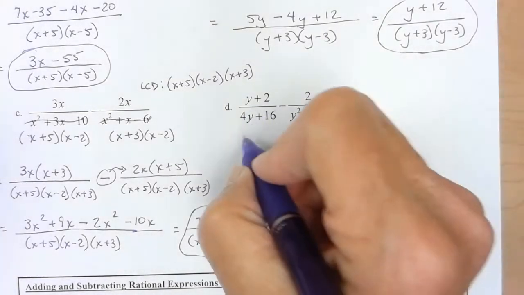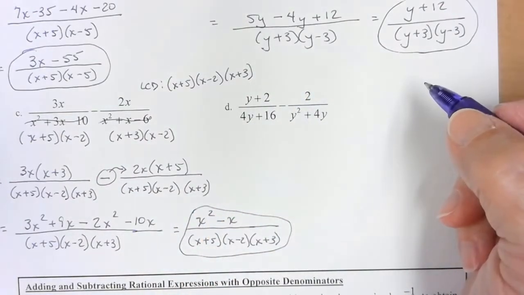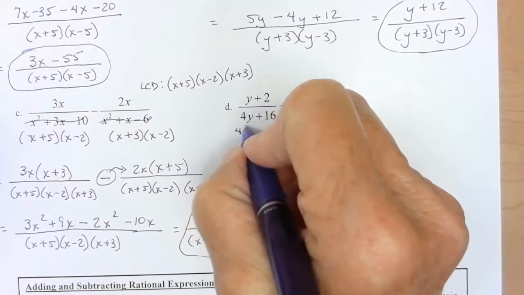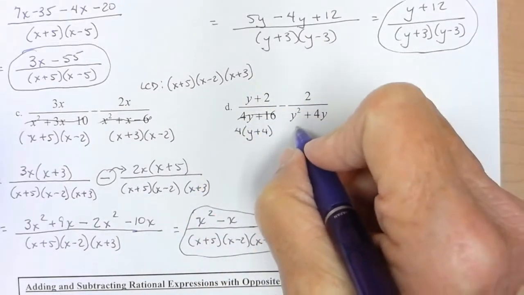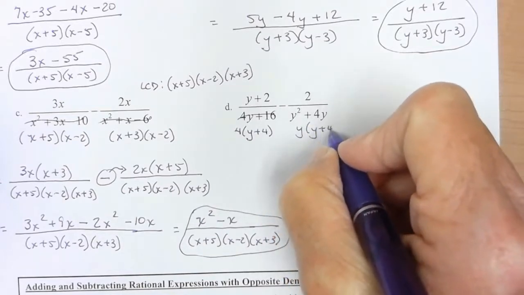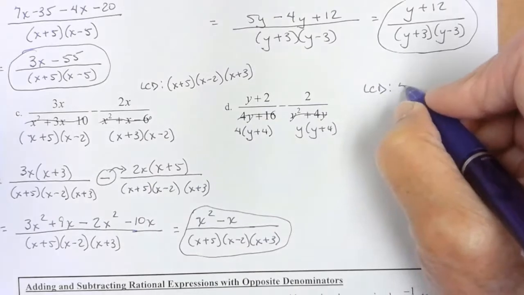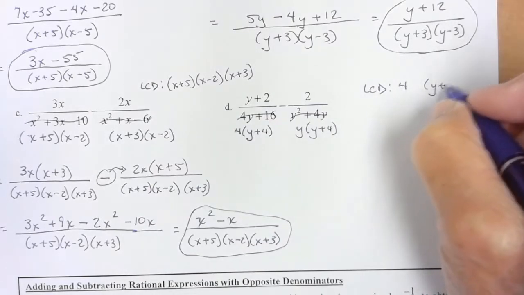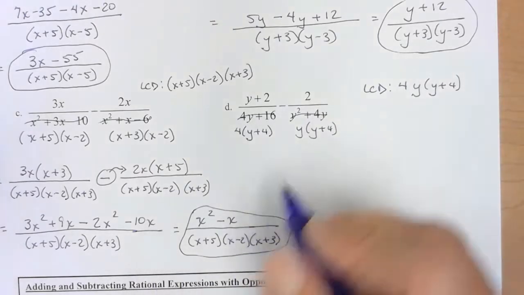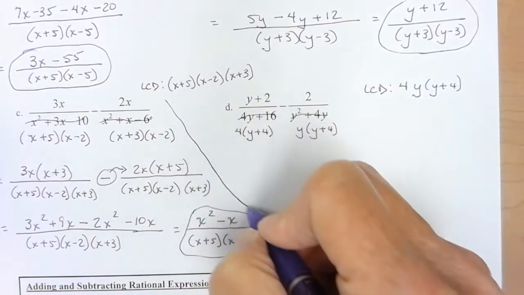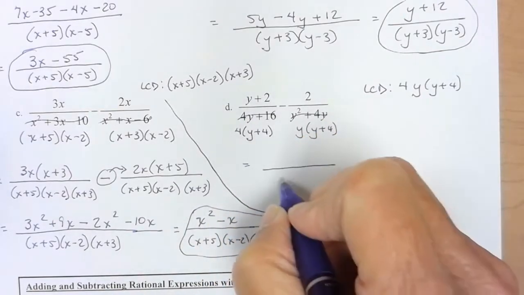Okay, I've got binomials. Factor your denominators and see if you can get the LCD, so pause me. So that should be my LCD. So let me write that under both of my fractions.